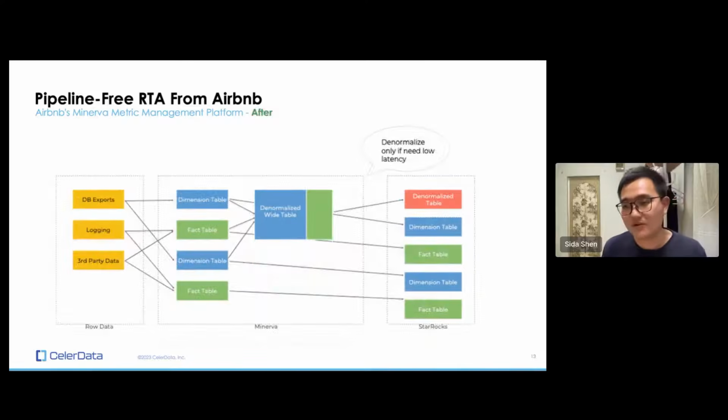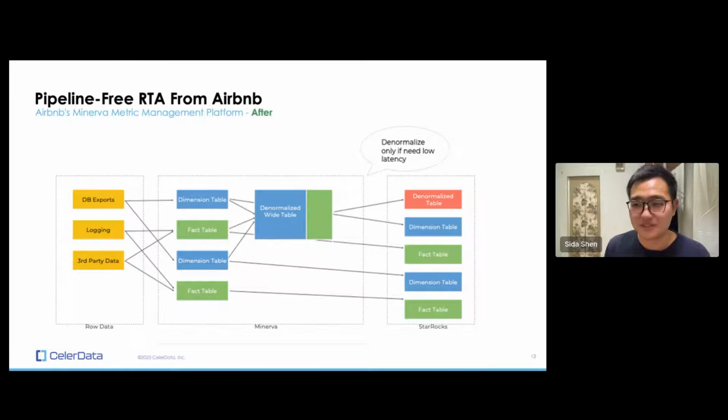And then they found StarRocks, right? Because StarRocks can do joins on the fly really well. The biggest change for them going from Druid plus Presto to StarRocks is that, of course, the architecture is simpler, from 2 to 1. But the bigger change is that denormalization is not the default anymore.